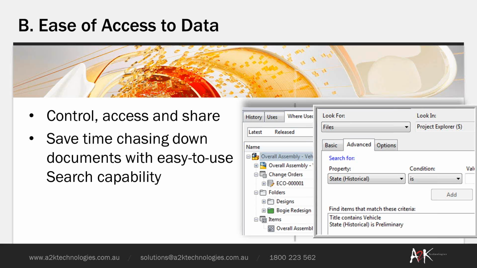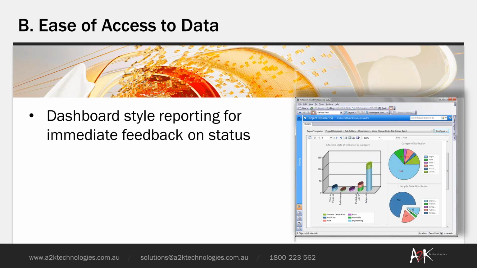So for example, if you're using AutoCAD, you could search using all the title blocks. If you're using Inventor files, you could search via the iProperties. You could search via the author. You could search via the date released. So all of these things give you very quick access to your data, and it increases efficiency and reduces the amount of time spent on administration and searching and non-value add work.